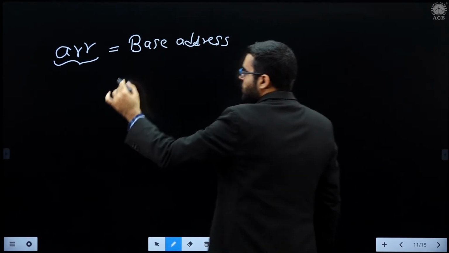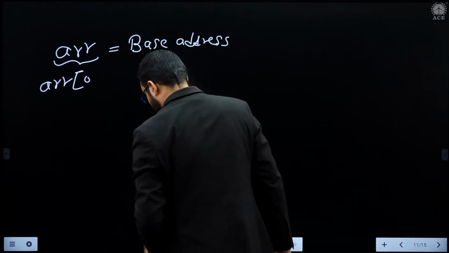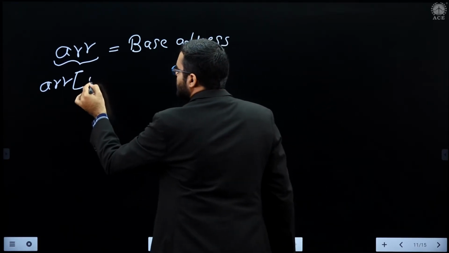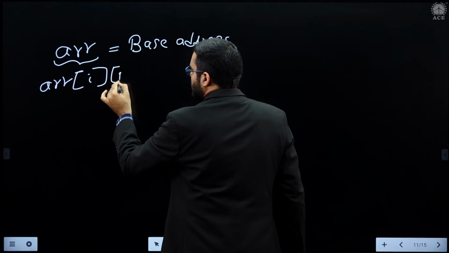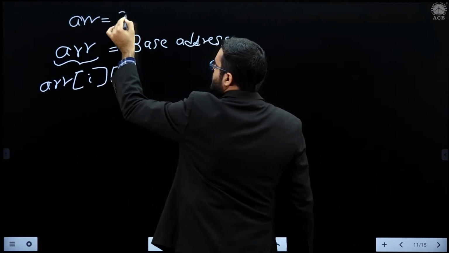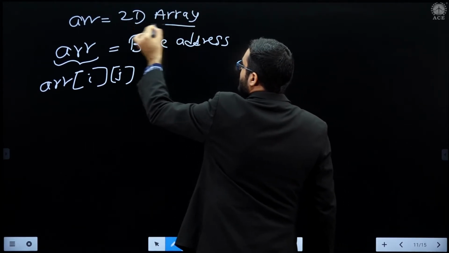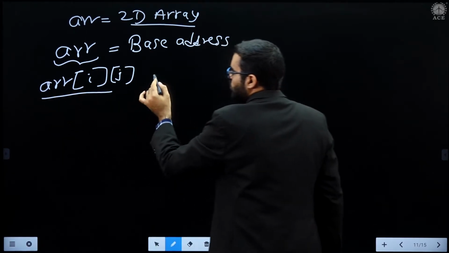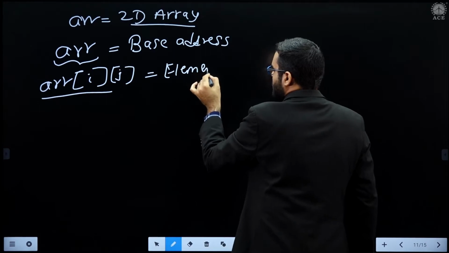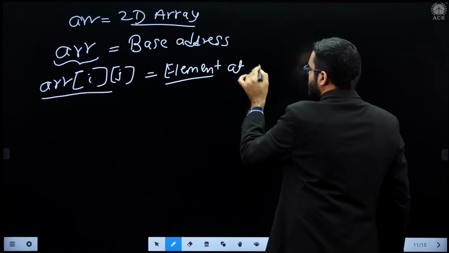When I write ARR of I comma j in the 2D array, this ARR is our two-dimensional array. So ARR of I comma j is the element at location I comma j.